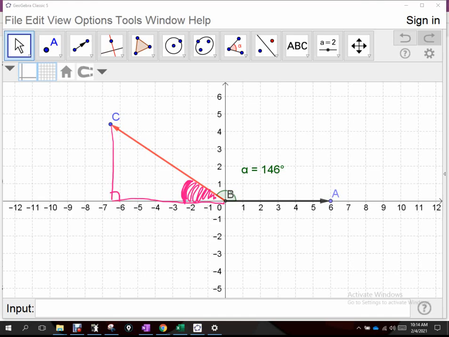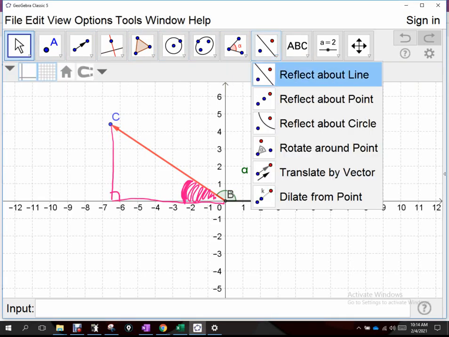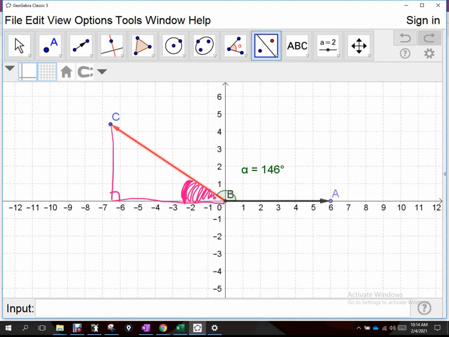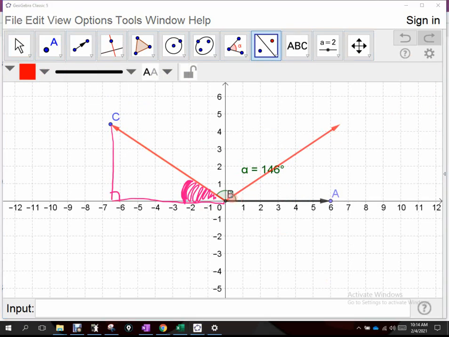And what happens is if I were to take this angle, this terminating ray, and reflect it back across this y-axis, can you argue, because I did a reflection, that that angle right there is going to be the same as this red one?